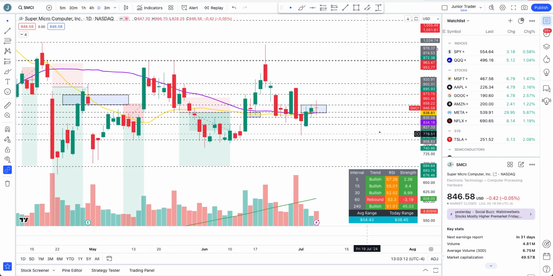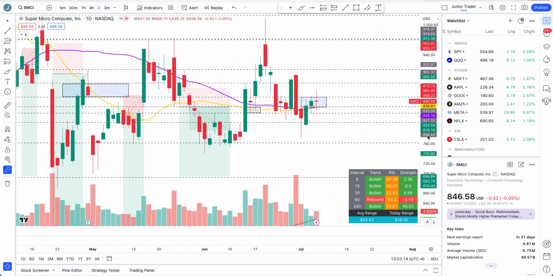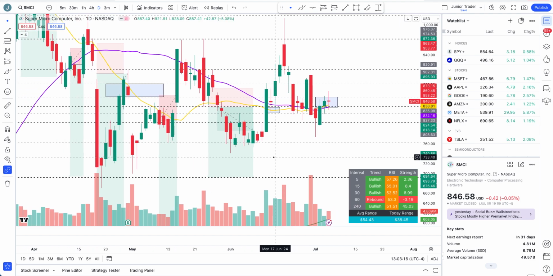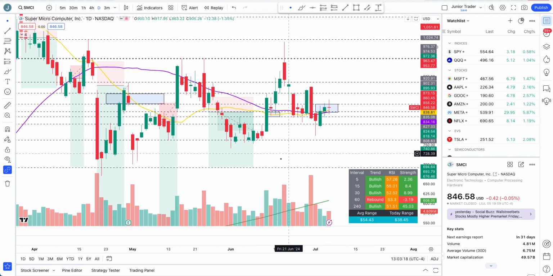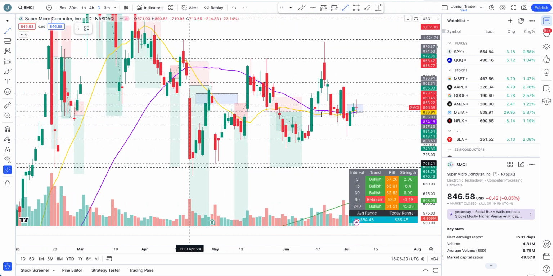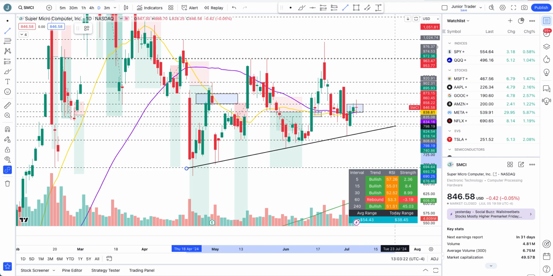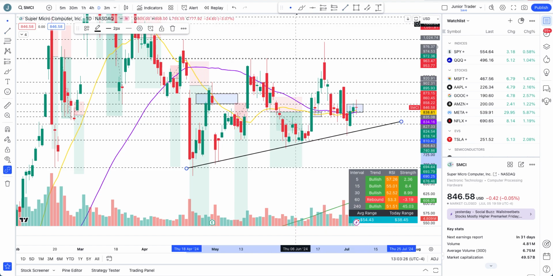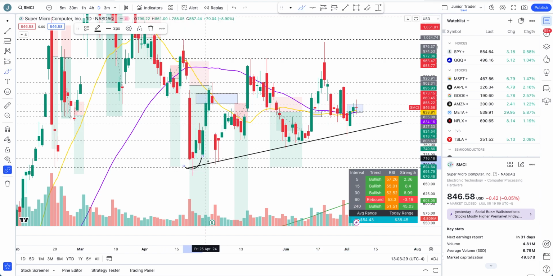All right, so starting off here with SMCI, guys, on the daily interval, you can use this trend line as a reference. I would say that this is technically higher lows and sort of also higher highs over here.